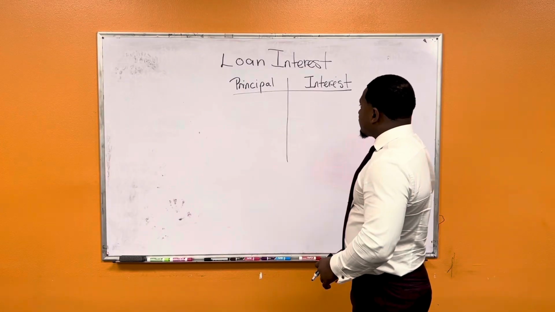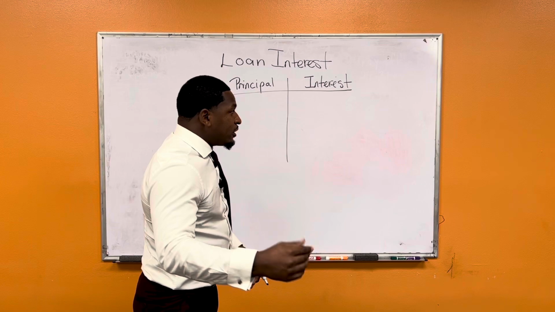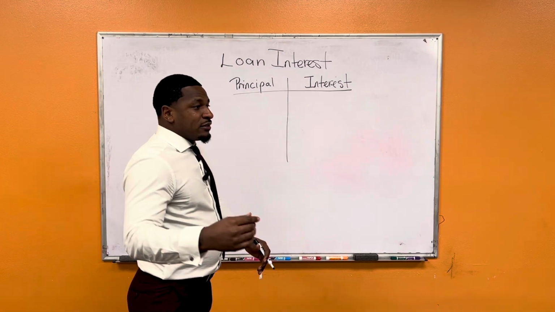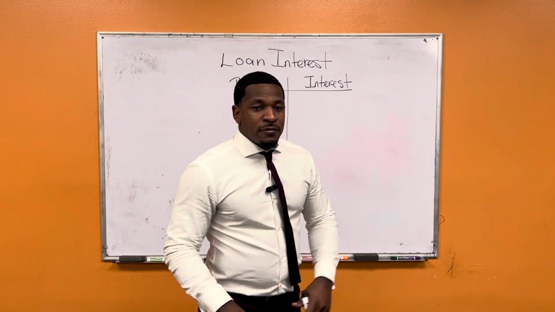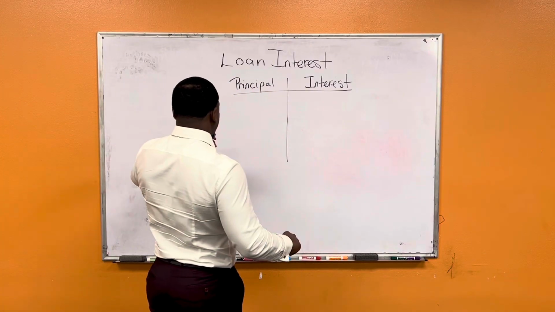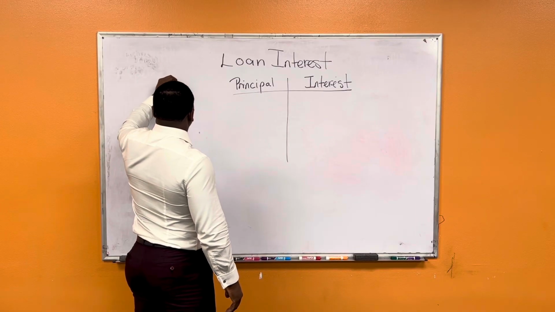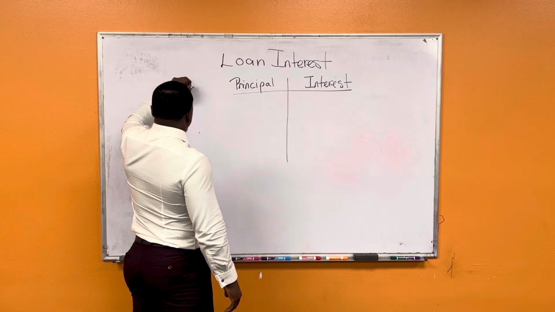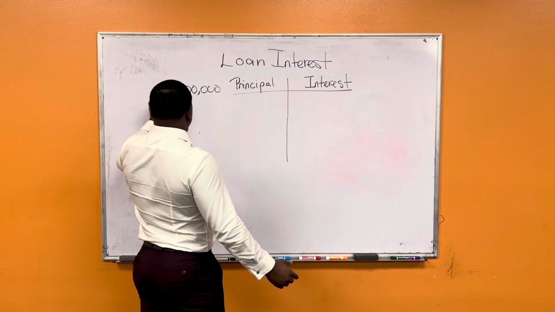Okay, so for instance, let's say you have a house, right? And the house is $300,000, right?